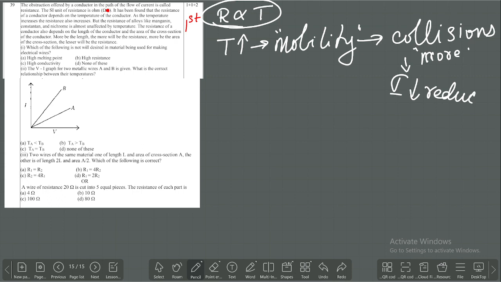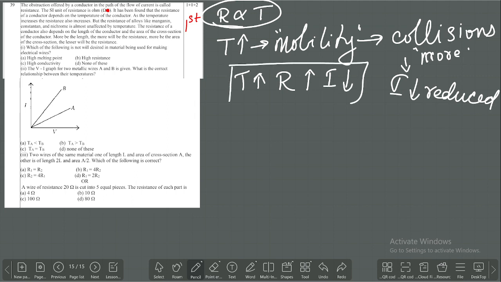That is the reason we say that if temperature is increased, the resistance increases and the current flow decreases. But the resistance of alloys like manganese, constantan and nichrome is almost unaffected by temperature.